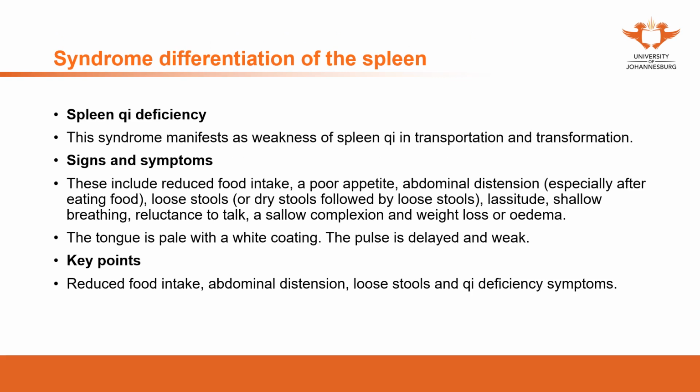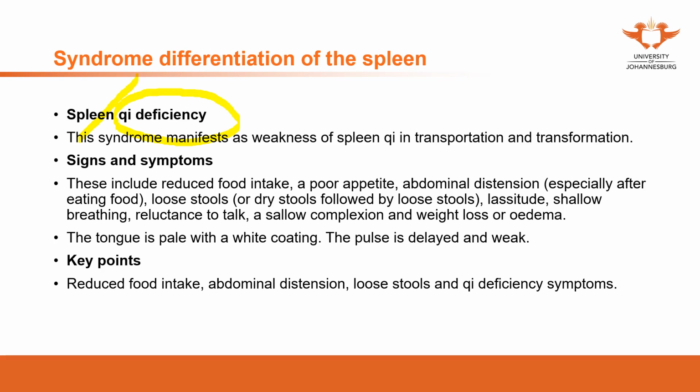The first syndrome, spleen qi deficiency. Similar to the other session, now you will know how to distinguish the symptoms. For spleen qi deficiency, you separate spleen and qi deficiency. The patient will have qi deficiency symptoms.